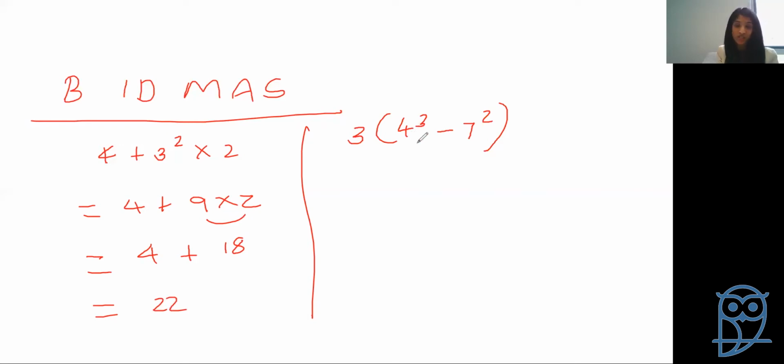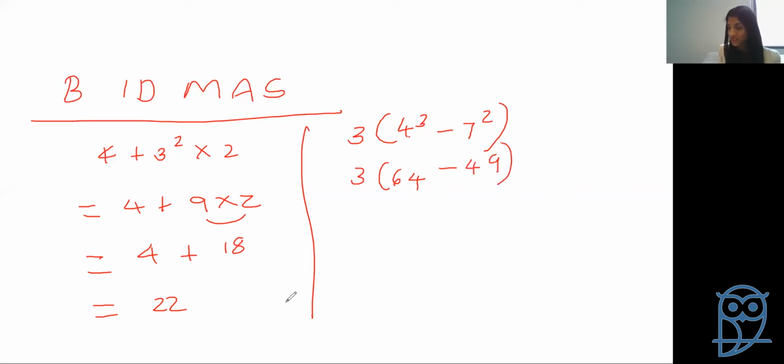Is that what we're going to say? Before we solve the multiplication, we're going to solve the brackets. 4 to the power 3. What is 4 times 4 times 4? 4 times 4 times 4 will be 64. And 7 times 7 is 49.